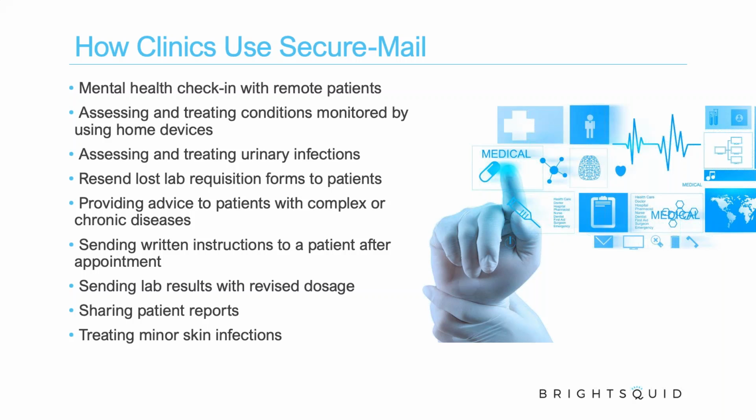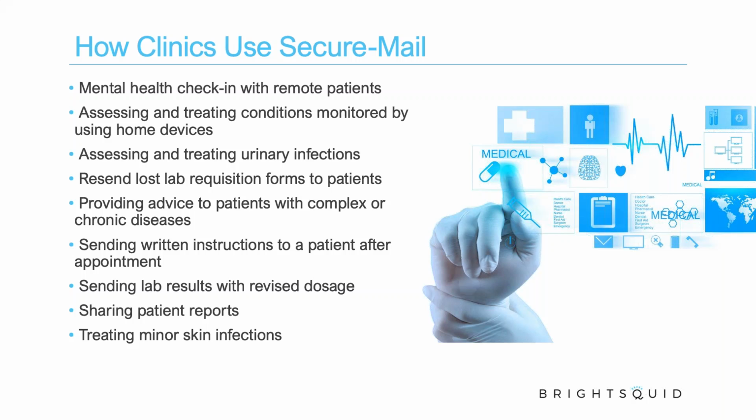SecureMail is super helpful because it doesn't require the alignment of schedules. So trying to get your clinician and your patient lined up at the same time, have the patient actually answer the call, or have the patient maybe download the software if that's necessary, if that's something you're looking at with video, that sort of thing. SecureMail gets around that by giving people the information they need outside of a one-to-one face-to-face connection.